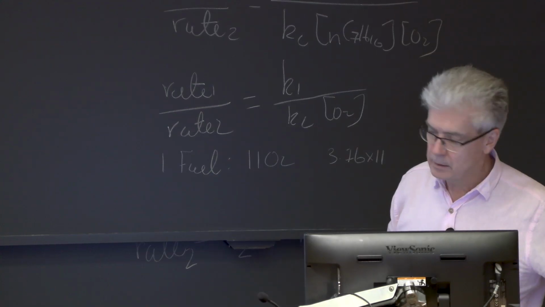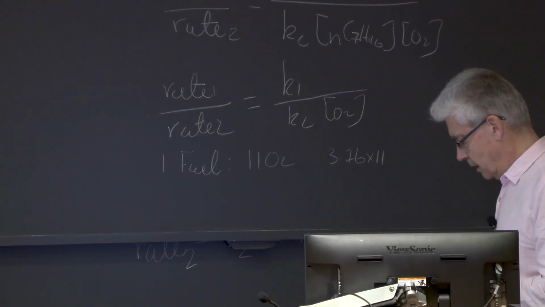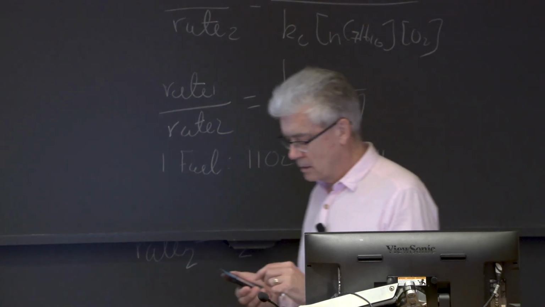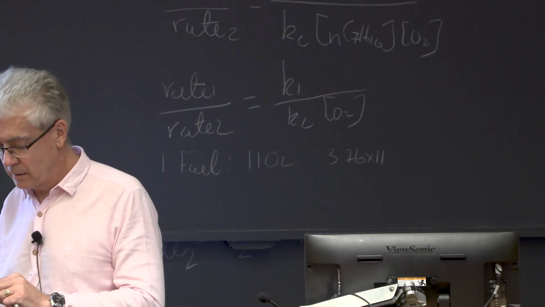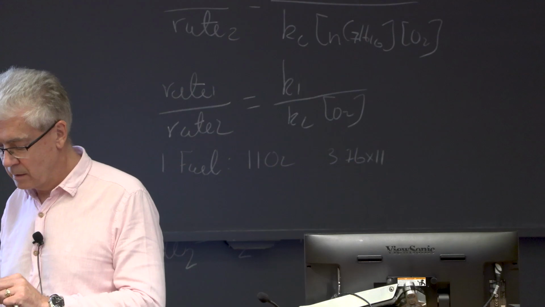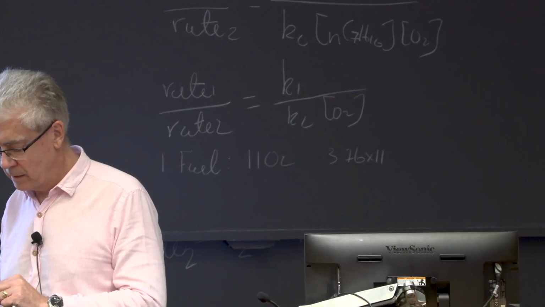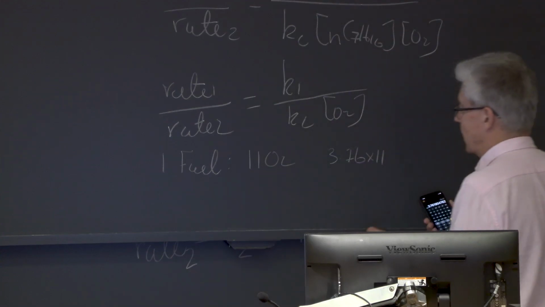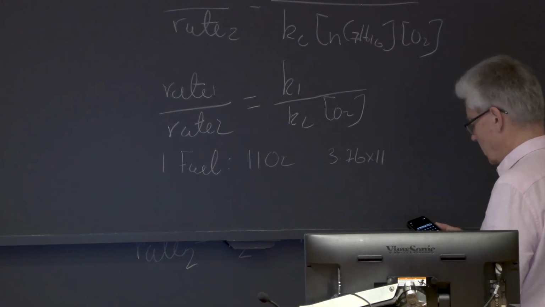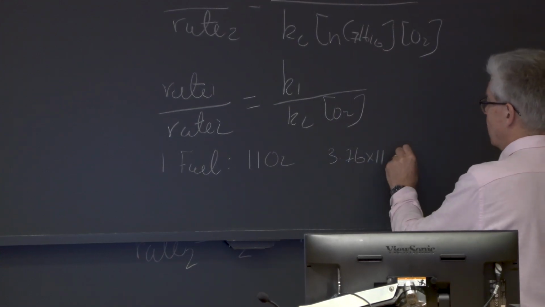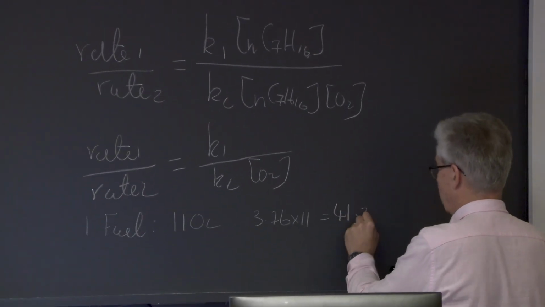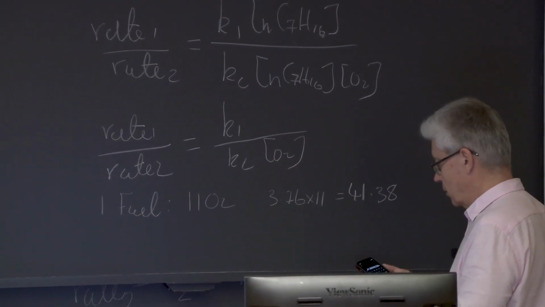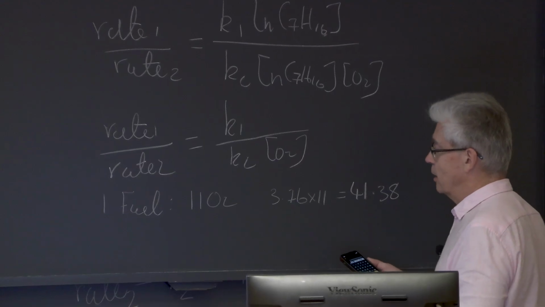Let me just see. 79 divided by 21 is 3.76, so that's correct, times 11 is equal to 41.38. So the total is 12 plus 41.38, which is equal to 53.38.